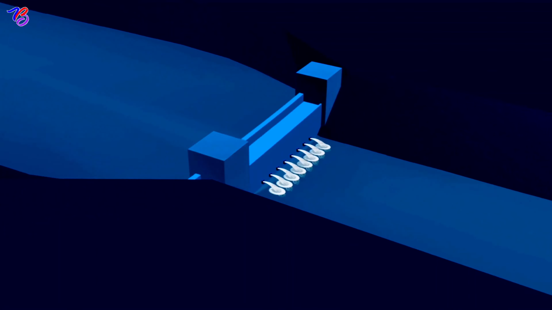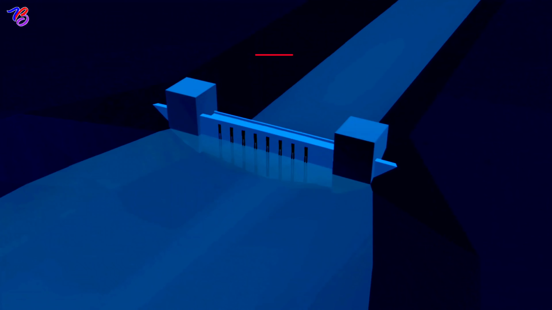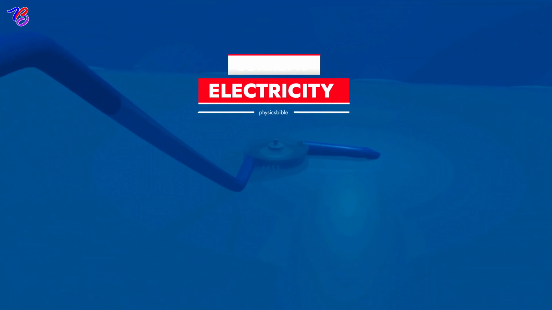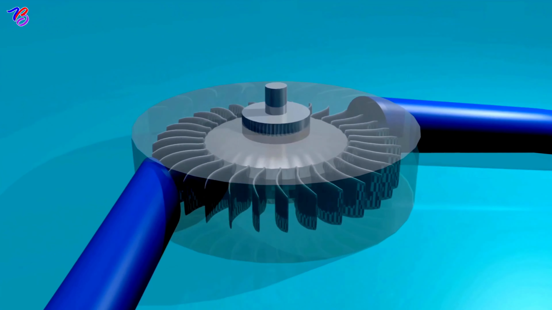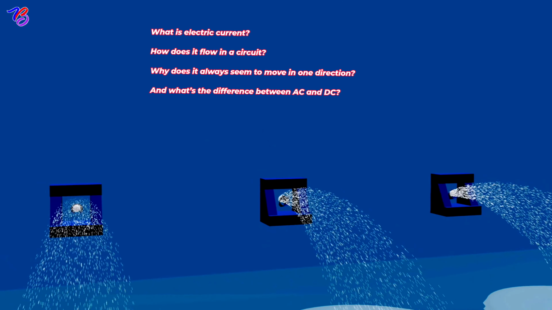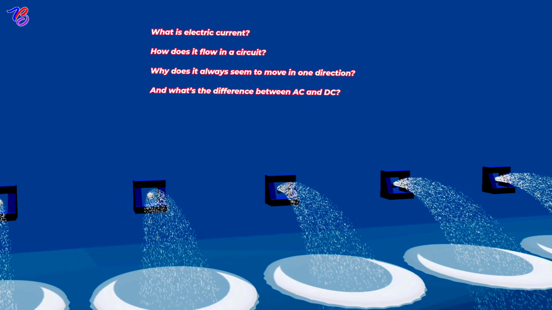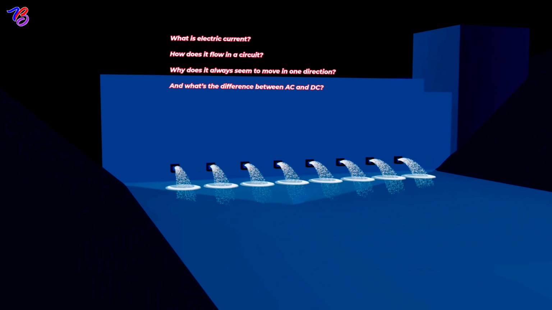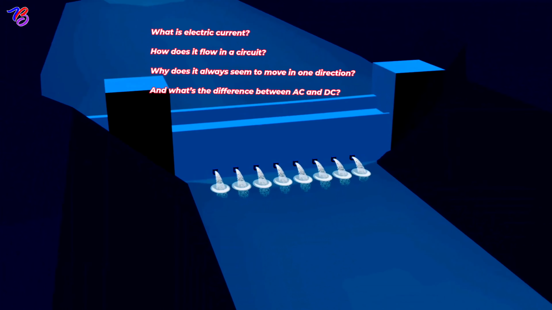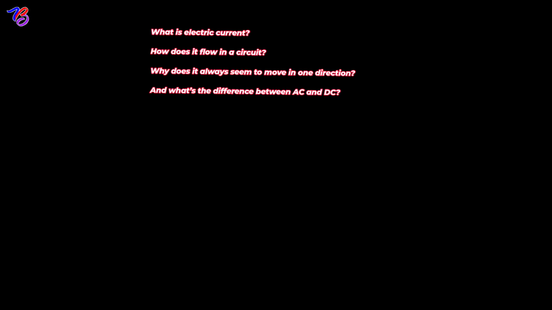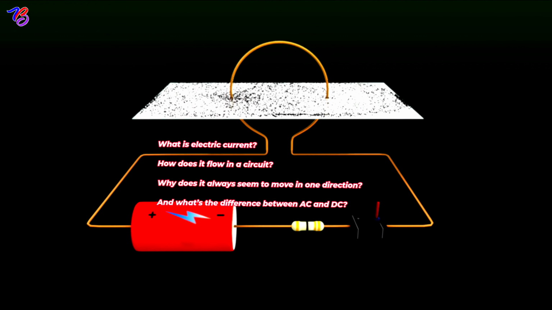Today, we kick off our electricity series by decoding the invisible power behind every gadget: electric current. In today's tutorial, our main content centers on the definition of electric current, which is the flow of charges, the symbol, the SI unit, and the direction.